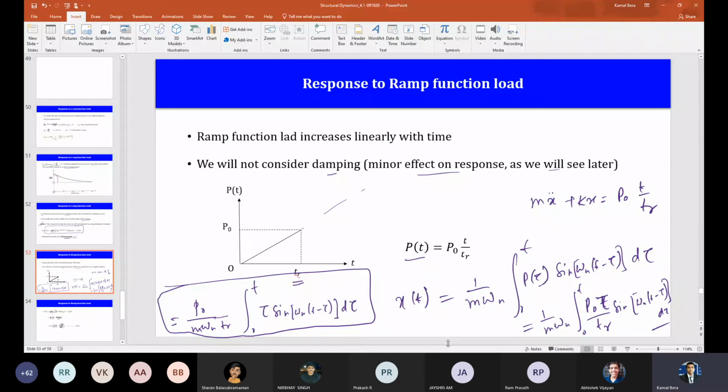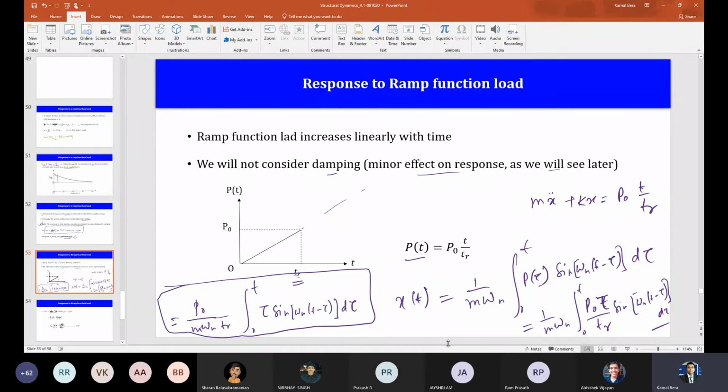So any difficulty in understanding what we are doing? We are doing it very slowly, and these are typical simple cases. You have already done harmonic loading and periodic loading. Periodic loading is nothing but a harmonic combination of so many harmonics, sine, cosine. Now we are considering arbitrary types of loading.